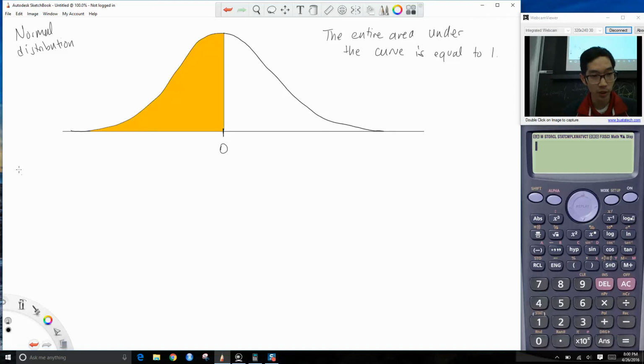So we draw a vertical line at 0, shade everything to the left, and the amount shaded is 0.5.